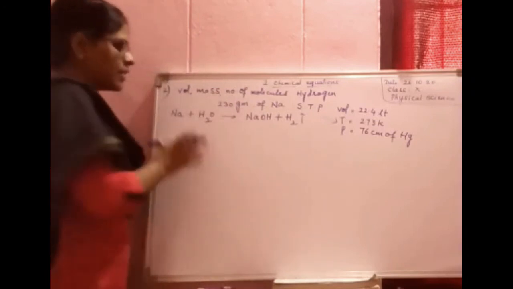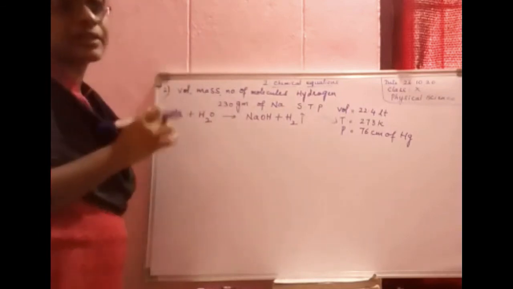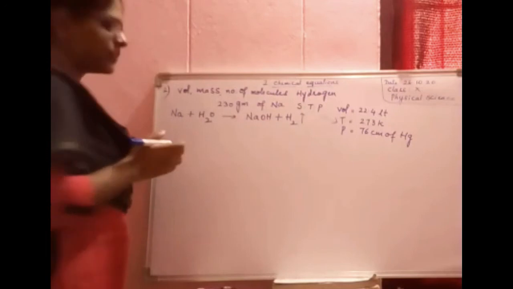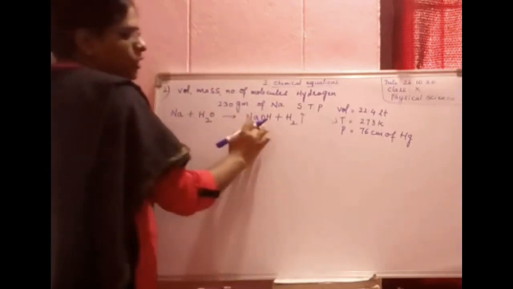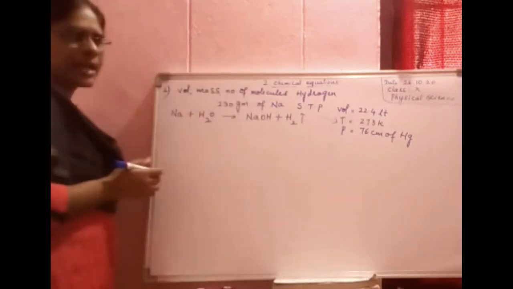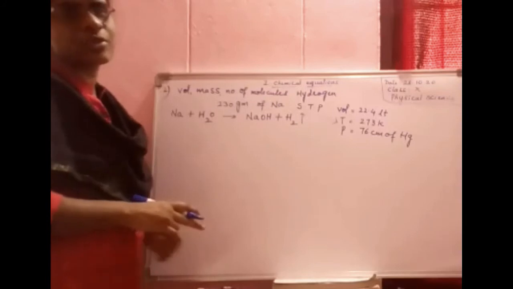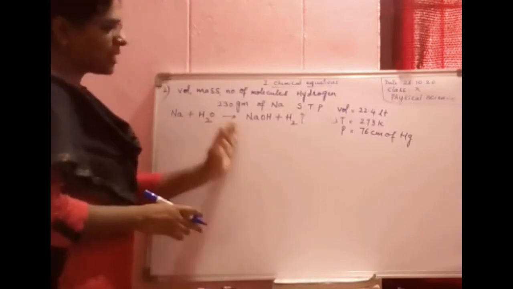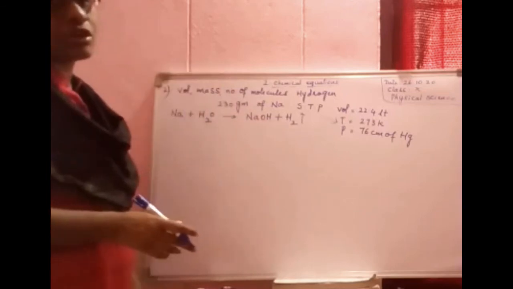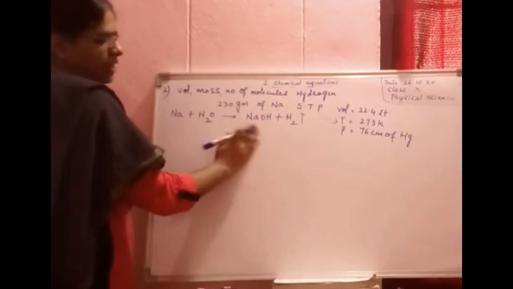First you write the equation from the data given in the problem. Sodium with water gives sodium hydroxide plus hydrogen. Next thing, students: balance. You need to say whether the chemical equation is balanced or not. Na is single, here also single.